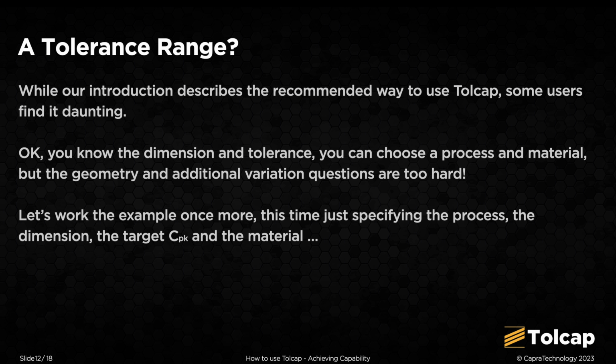While our introduction describes the recommended way to use Tolcap, some users find it quite daunting. Okay, you know the dimension and tolerance. You can choose a process and material, but the geometry and additional variation questions don't necessarily have right or wrong answers. You have to apply some thought and judgment. Let's work the example once more, this time just supplying the process dimension, target CPK and the material.